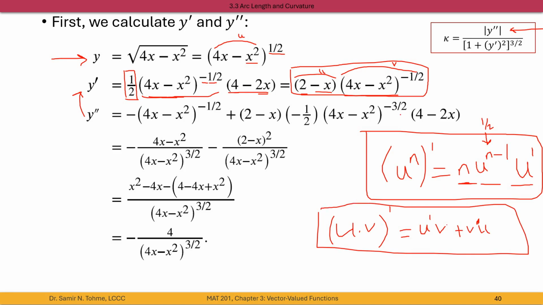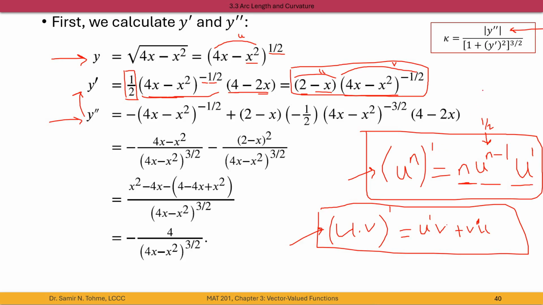And also this equation, because we have here a polynomial or a function raised to a power. So you also need this one as well. And after applying these two equations, you're gonna get y double prime, this whole thing over here.